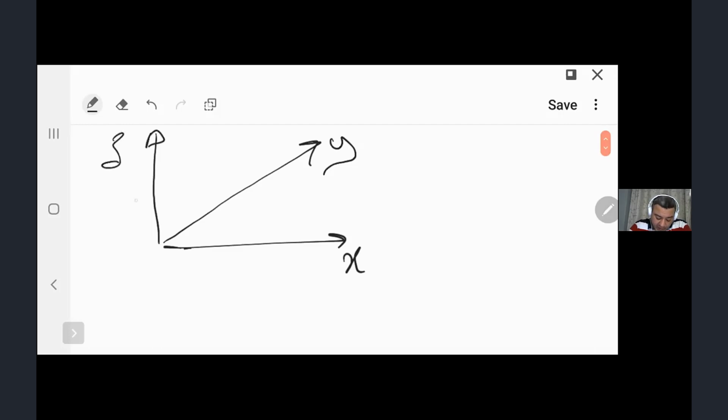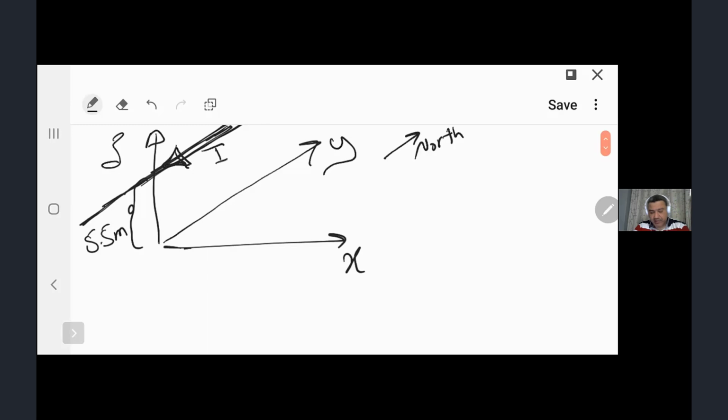I will take this wire as sitting here parallel to my y. Now y and x are the plane of the ground. I will put my wire right here such that the height is 5.5 meter. And I have my north going this way, which means my current now is going in this direction from north to south. My current is 800 ampere.